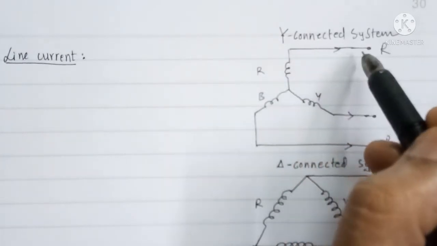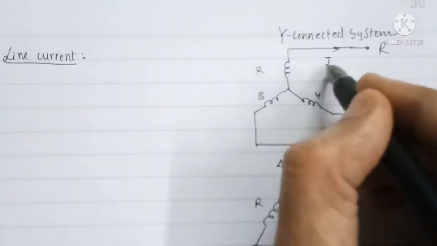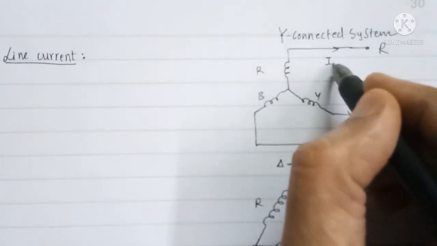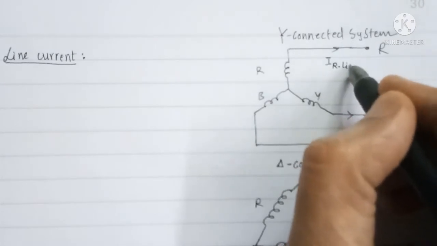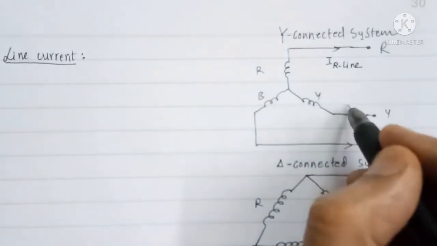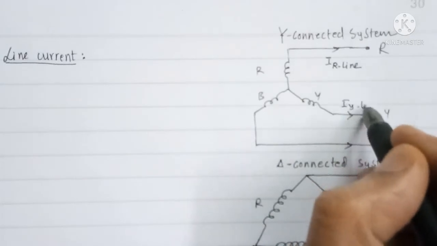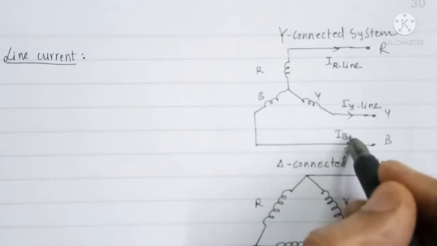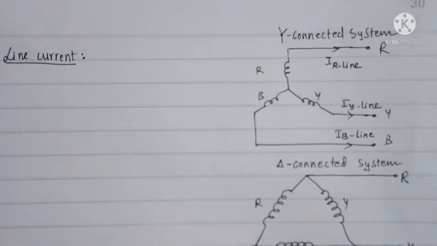Current flowing through the line is called as line current. If current is flowing through R line, then it is IR line. If current is flowing through Y line, then it is IY line. And if current is flowing through B line, then it is IB line.